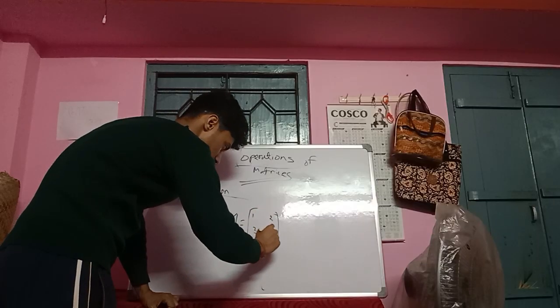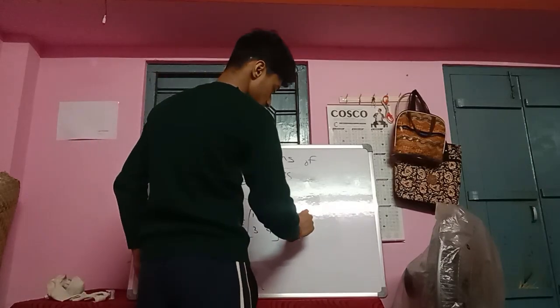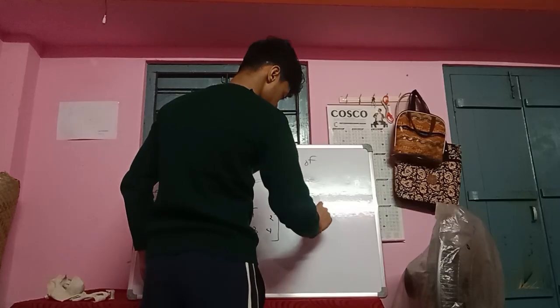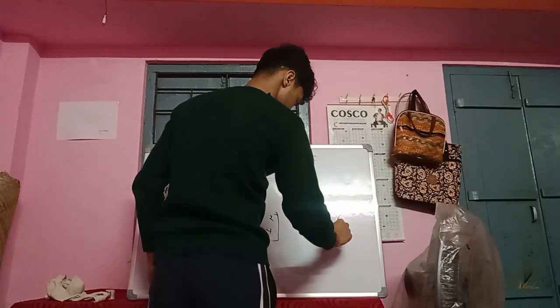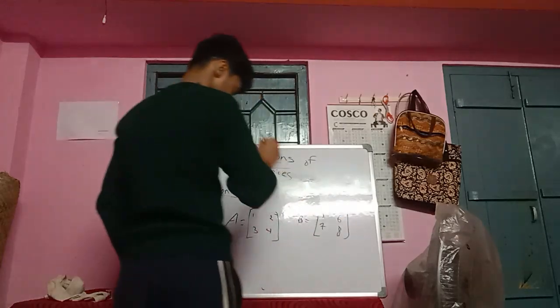A is 1, 2, 3, 4. Another we have here named B, with 5, 6, 7, 8. Okay.